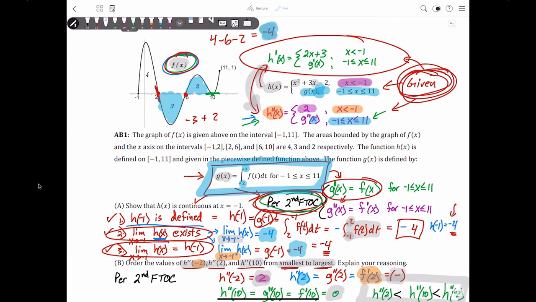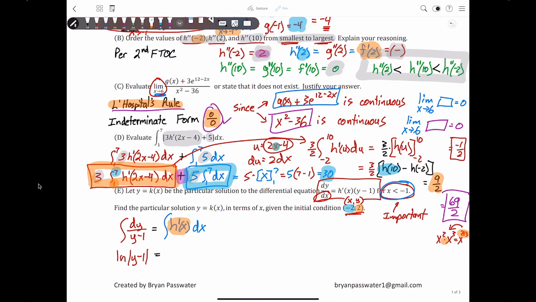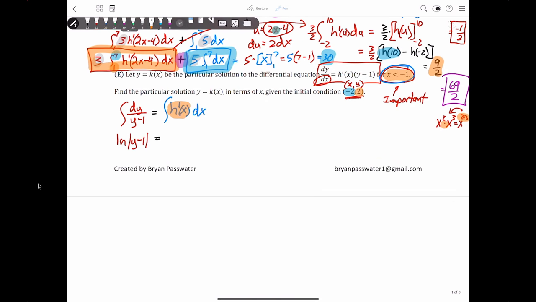That is occurring here, and it is 2x plus 3. This is h prime of x where x is less than negative 1, and we're going to write that as 2x plus 3.